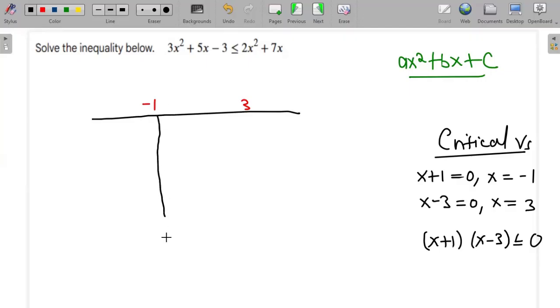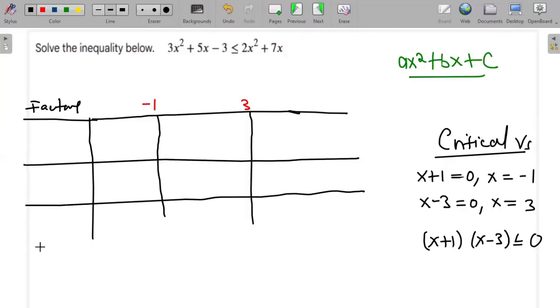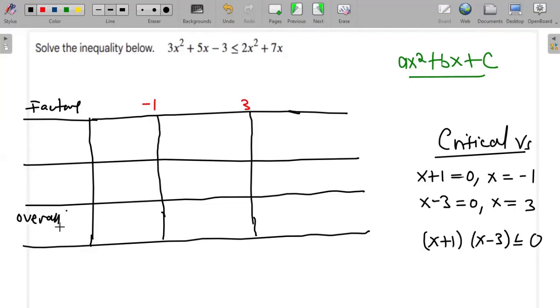This -1 here cuts the table into a section, and the 3 also does the same. And then in this first box here, I'm going to have my factors. Here I only have 2 factors, so I draw 3 rows: 2 rows for each of the factors, and then the other one is what we'll call the overall row.